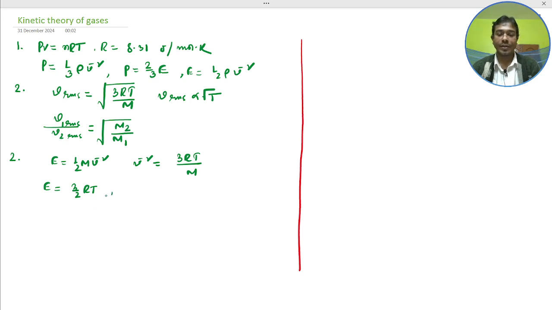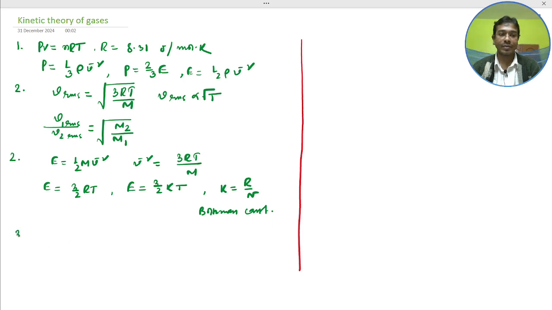This is for 1 gram mole. For one molecule, E becomes 3/2 kT, where k = R/N. This is called the Boltzmann constant.